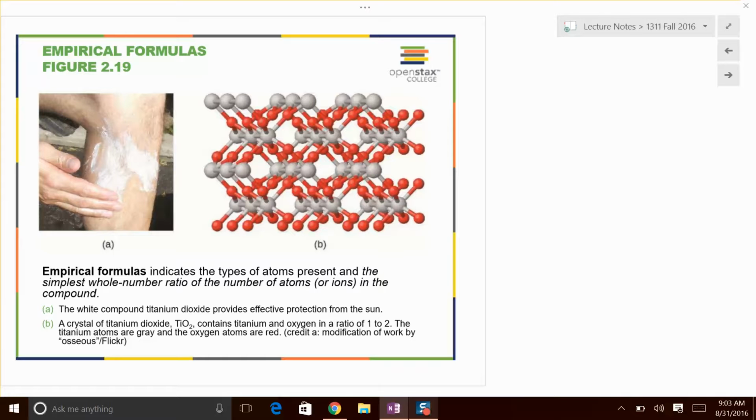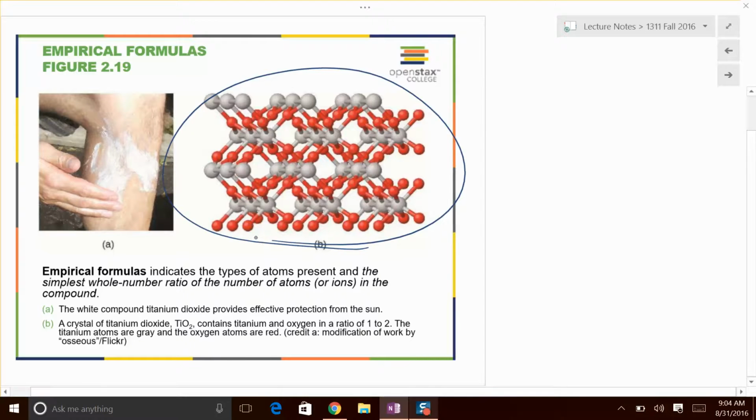It looks pretty complex, and we wouldn't represent it as Ti50O100, even though the structure looks kind of like that. We would represent it in its empirical formula. I reduce it to its lowest formula, and it becomes TiO2. So the ratio in this compound is 2 oxygens for every 1 titanium.